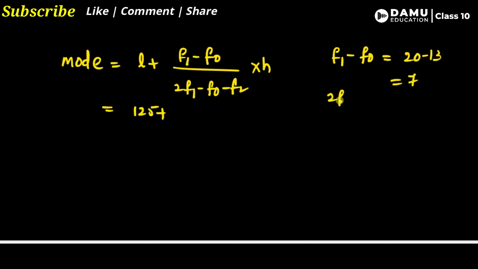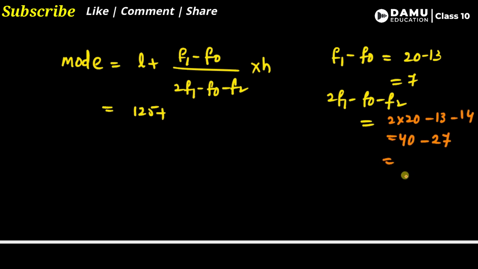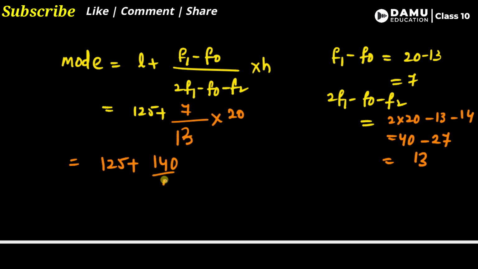Then 2 f1 minus f0 minus f2: 2 into 20 minus 13 minus 14, which is 40 minus 27, giving 13. So we have 7 by 13 into h, which is 20. 7 twos are 14, so 140 by 13.